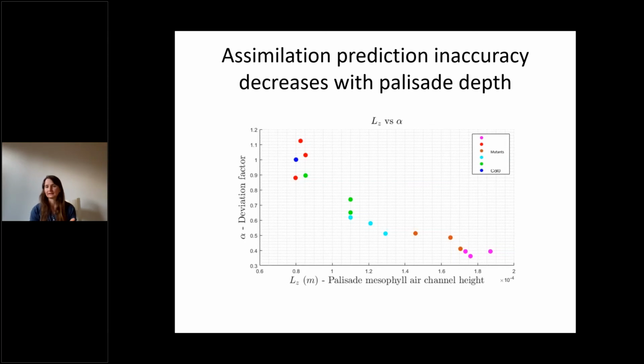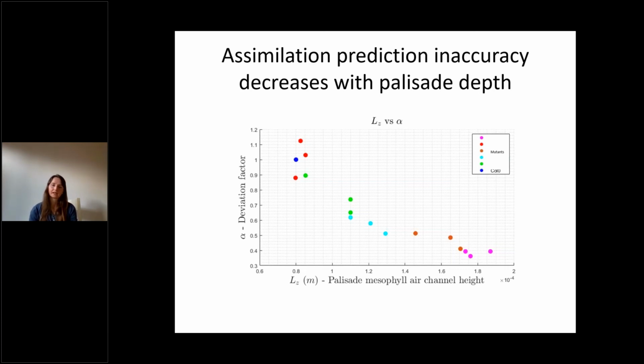So what this is telling us is that other factors relating to variation in palisade depth also are driving these differences in how well the model predicts assimilation. So some of the mutants are described very similarly to the wild type, and others, particularly those that differ more from wild type in their palisade depth, are less well predicted.